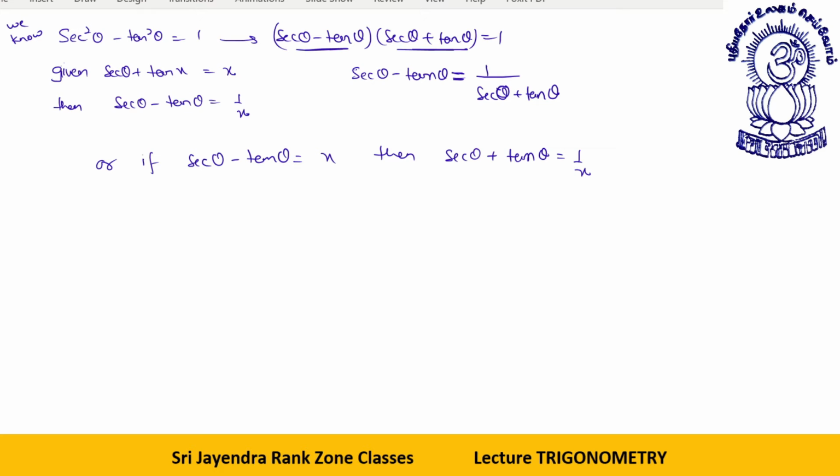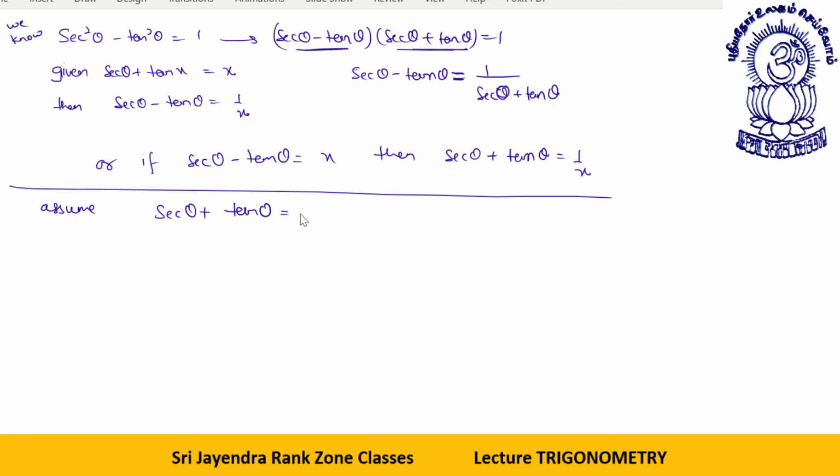So I start with, let's say, sec theta plus tan theta is equal to x. Assume sec theta plus tan theta is equal to x. Then sec theta minus tan theta will be 1 by x.